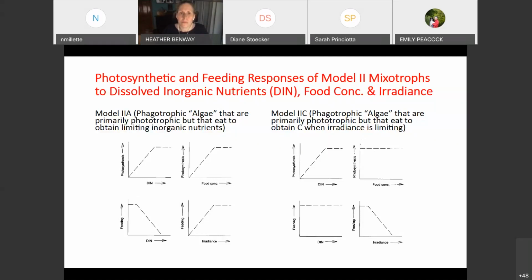And the big difference between the two groups is, in the algae that are primarily photosynthetic but respond to irradiance for feeding, food concentration shouldn't affect photosynthesis. And if we look at feeding in response to dissolved inorganic nutrients, it should decrease with nutrient availability in algae that feed to get inorganic nutrients, whereas in the ones that feed in response to light limitation, dissolved inorganic nutrients shouldn't have much effect.